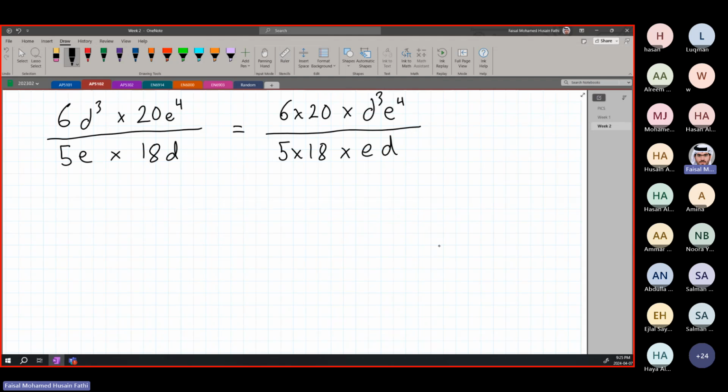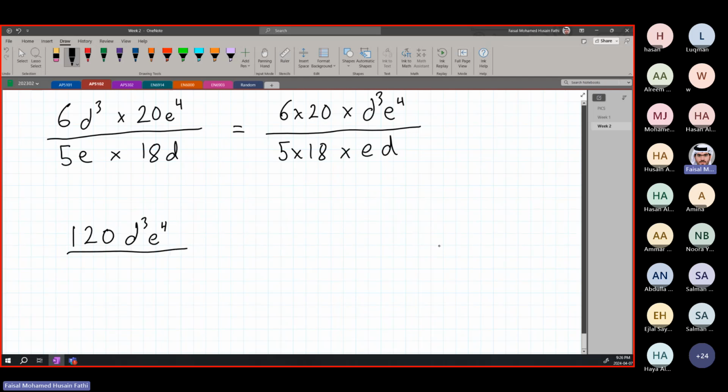So 6 times 20 is 120 times d cubed e4, all over 5 times 18, which is 90, times d. Again, I'm just going to reorder it, de. And then you will do the exact same thing again.